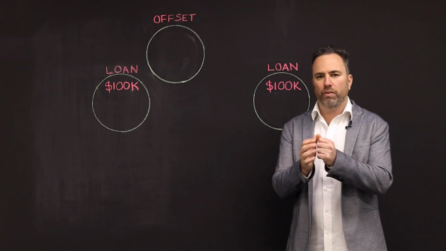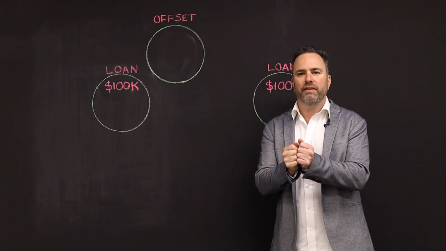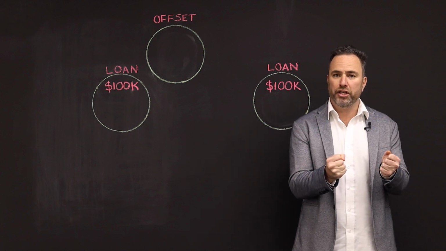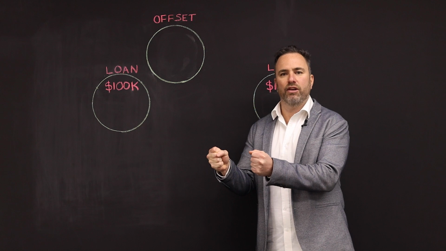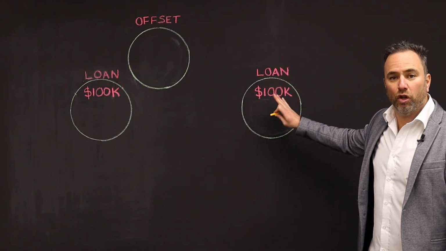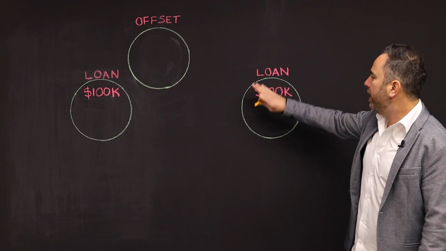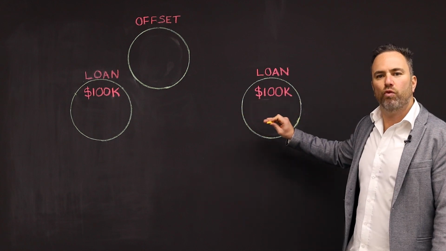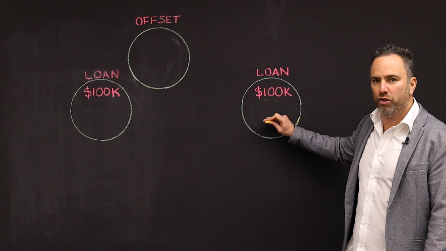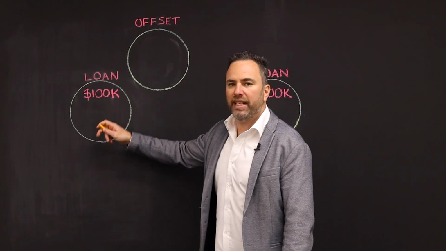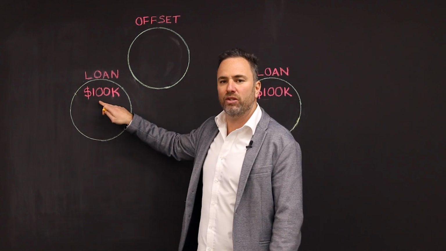So in this video, what I'm hoping to get across is the clear difference between a loan facility with a redraw feature and a loan facility that has an offset account. Over here we've got a loan facility that's got a $100,000 balance, and it has a redraw feature attached to it. Over here, I've also got another loan facility exactly like this one, $100,000 balance.